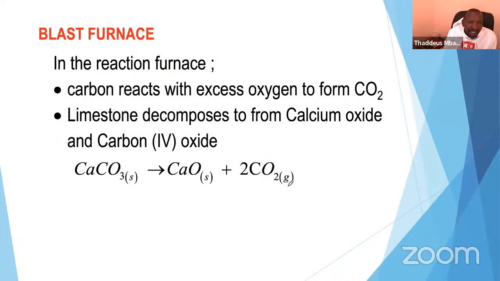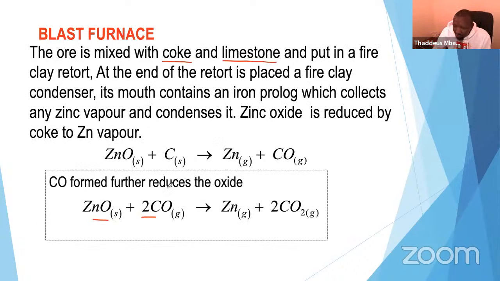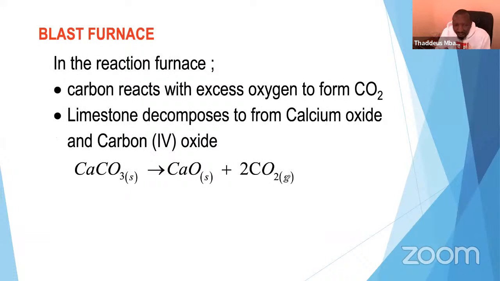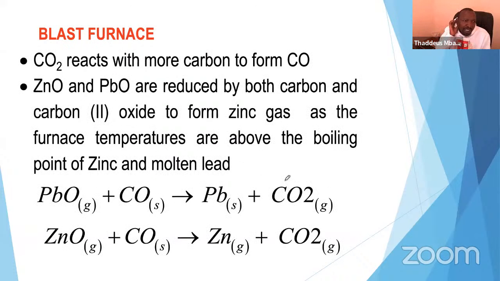Now in the furnace, carbon reacts with the excess oxygen to form carbon dioxide, and limestone decomposes to form calcium oxide and carbon dioxide. So we are still explaining what happens in the blast furnace. The calcium carbonate will decompose in the presence of heat to form calcium oxide and carbon dioxide. The carbon dioxide now reacts with more carbon to form carbon monoxide, which is the main reducing agent.